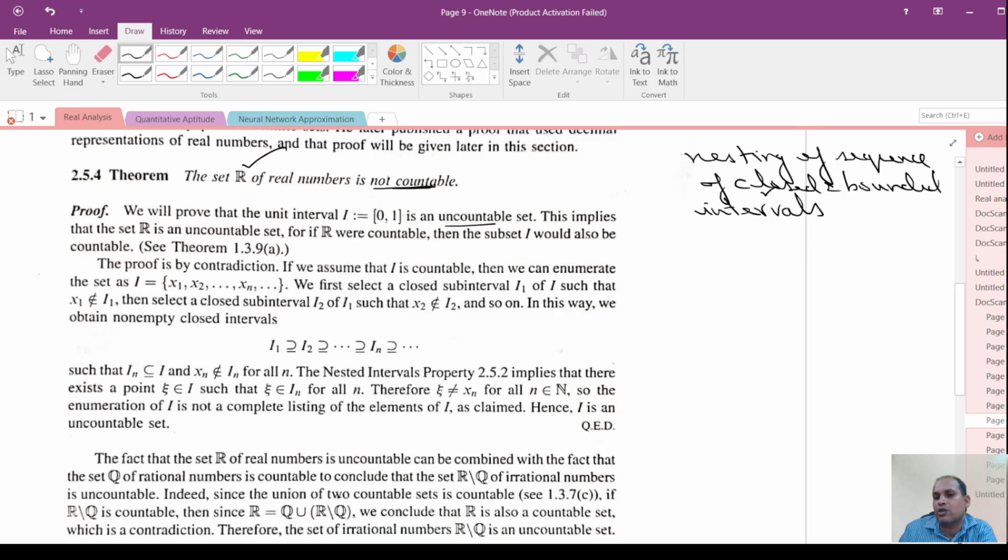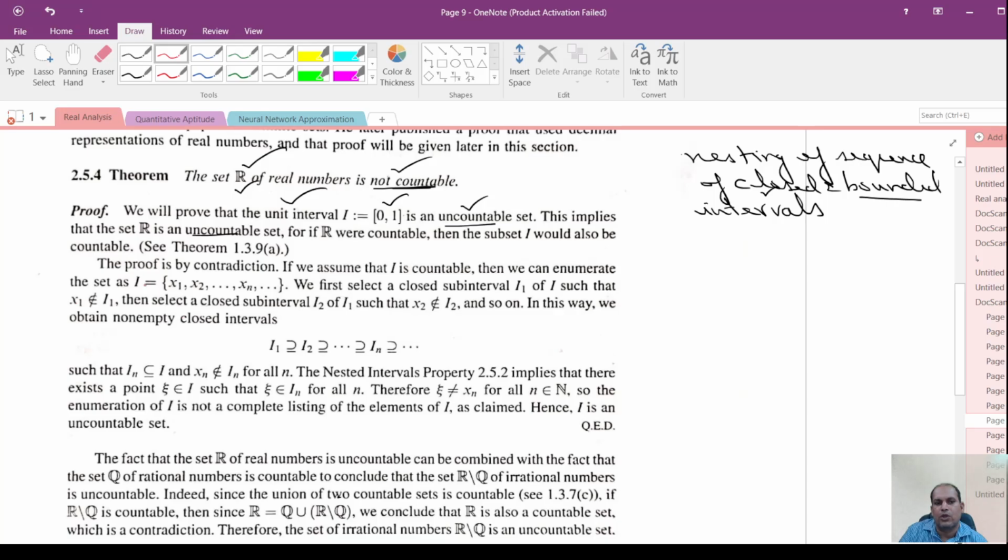Also, because R is not bounded, we will start from its subinterval, the closed interval [0, 1], because if the subinterval [0, 1] is uncountable, then its superset has to be uncountable. The advantage with [0, 1] is that its length is 1 and it is bounded above as well as below. So we will prove that the unit interval is an uncountable set. This implies that the set R is an uncountable set.